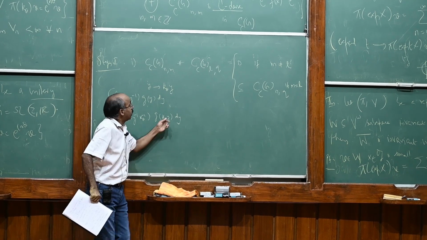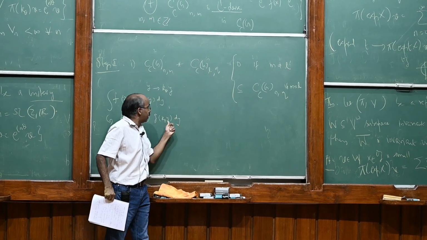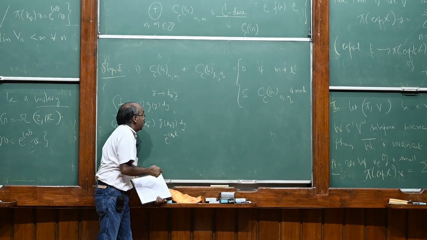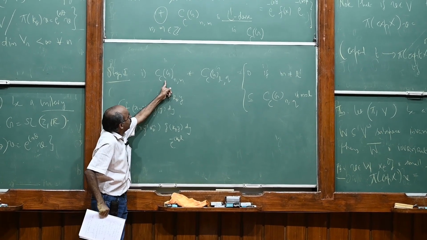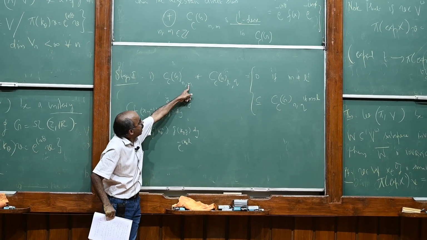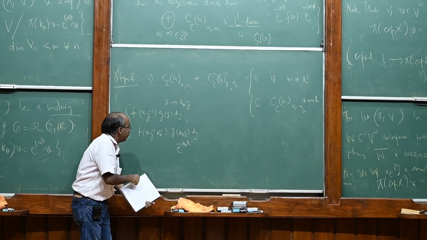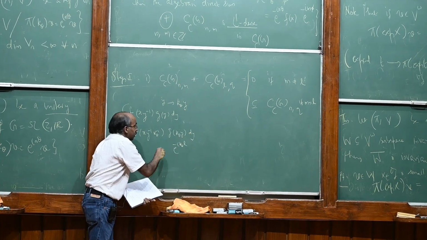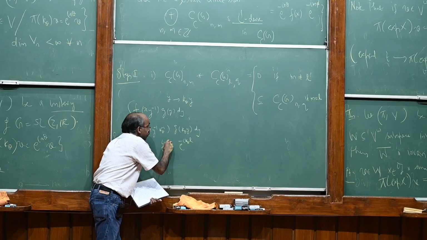But g comes from this space, so there is an l here. This will give me an e^{-i l theta}, and f comes from the first space, so there is an m on the right. So that gives me, there is a k_theta inverse, and a minus with respect to the character, so I will have an e^{i m theta}.